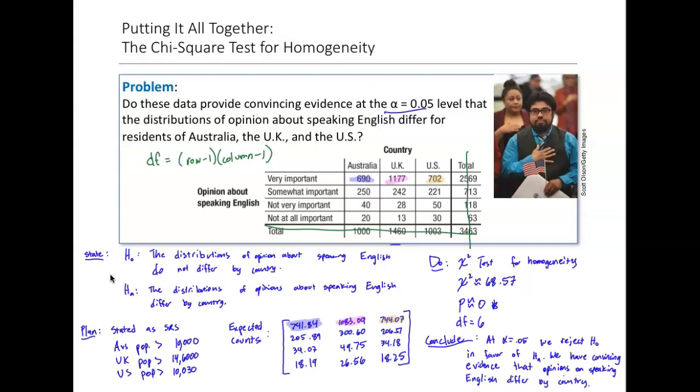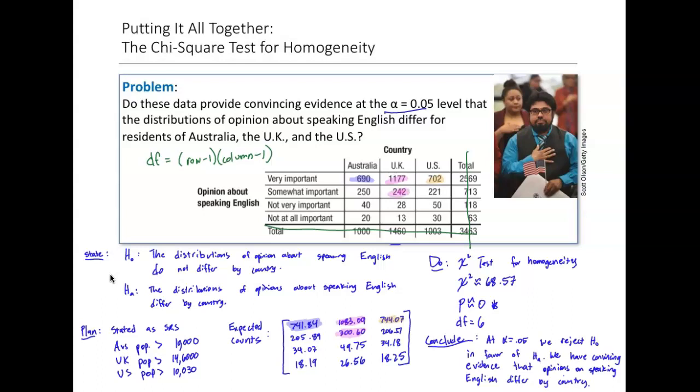Let's see, where are some other large differences? I guess we can see kind of a large difference in the UK. We expected 300 to say it was somewhat important. We only got 242.